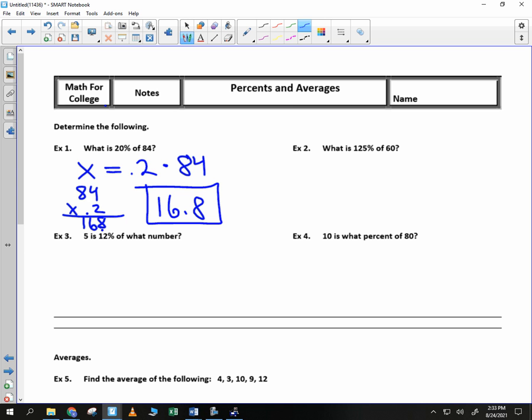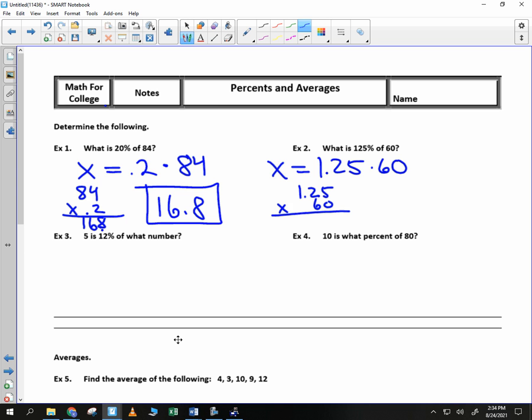What is 125% of 60? So how do we write 125% as a decimal? 1.25 times 60. We can figure that out, can't we? So 1.25 times 60.